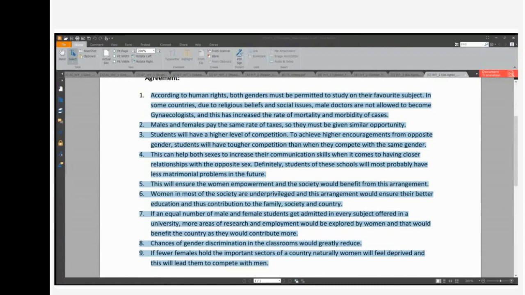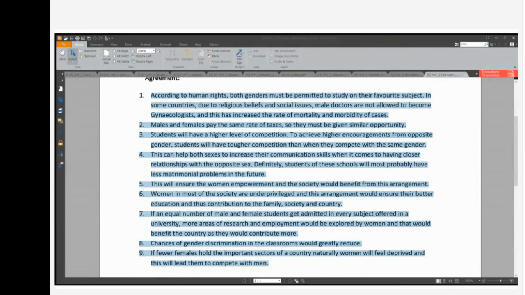You can say many believe that university admission should be based on the ratio of males and females for each major to maintain the equilibrium between women and men.